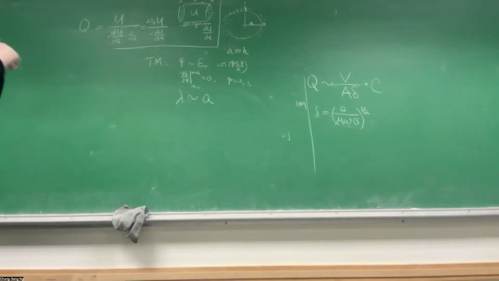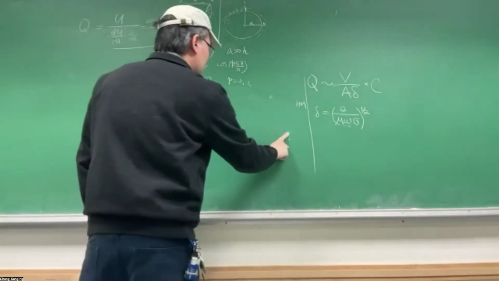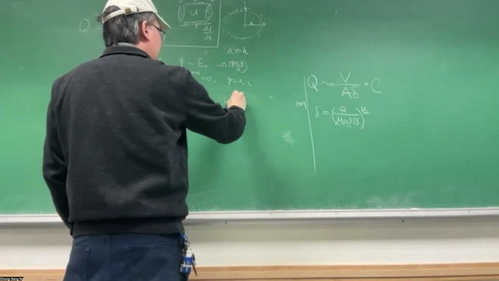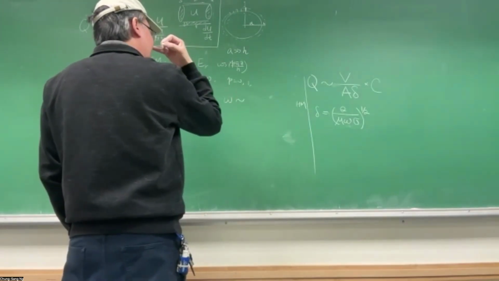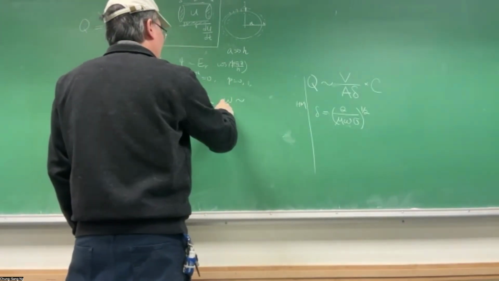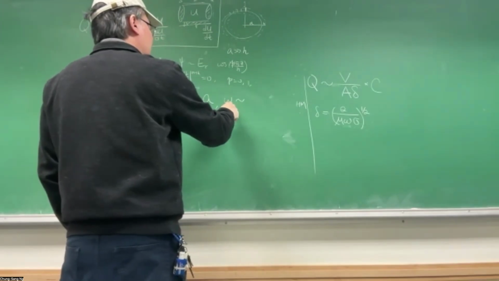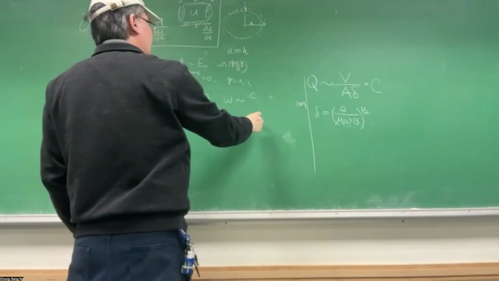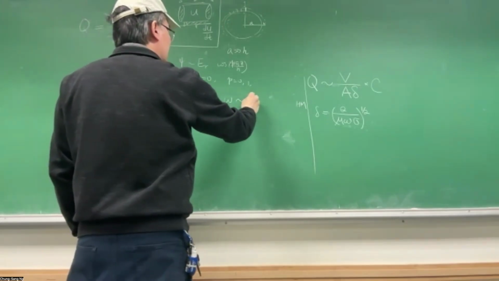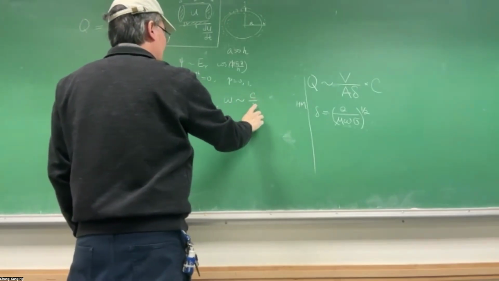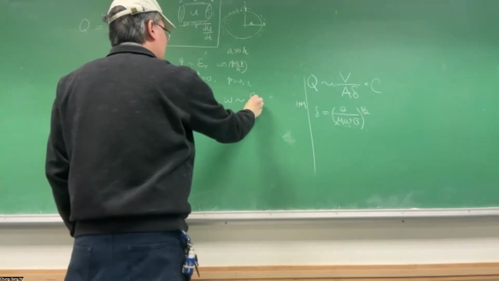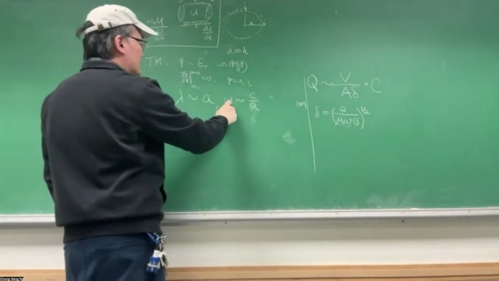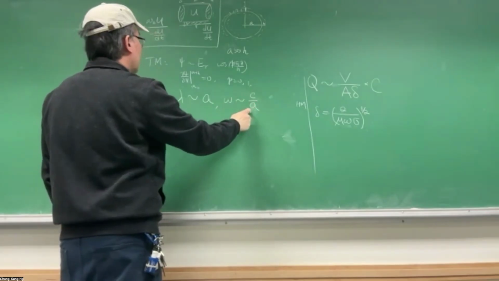Then the frequency of these waves, we are just estimating: omega times wavelength is the speed of light, because this is very close to vacuum. So for TM0, the frequency is of the order of c over A.